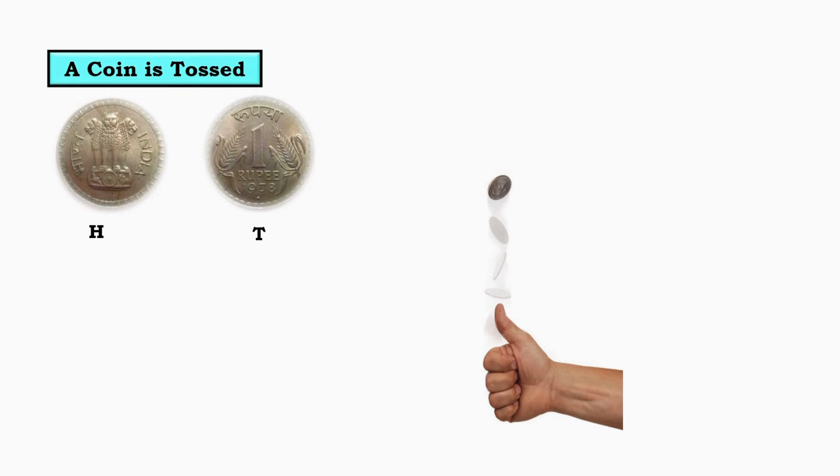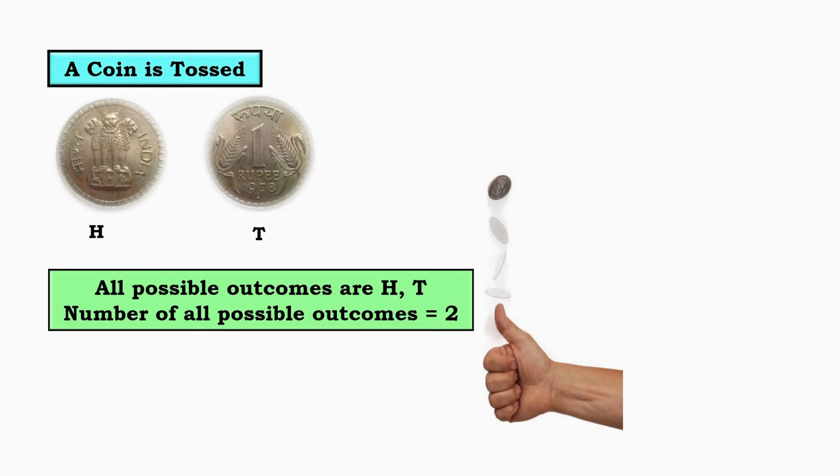If we toss it, this is the head and this is the tail. Whenever you are tossing the coin, it may happen that head comes or tail comes. So the possible outcomes are head or tail, and the number of all possible outcomes will be 2.